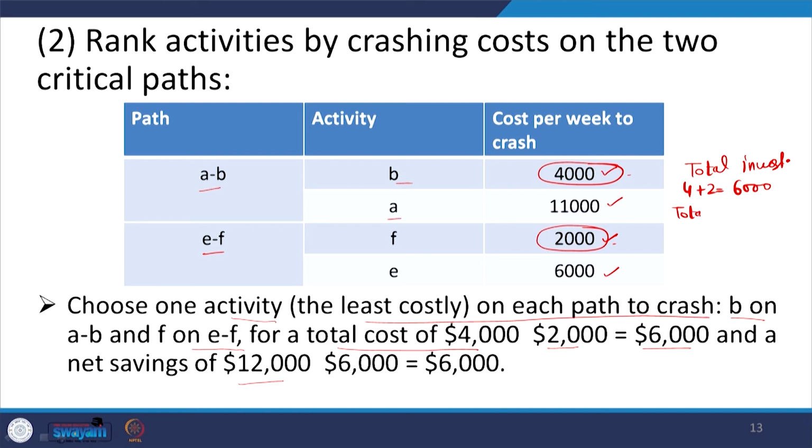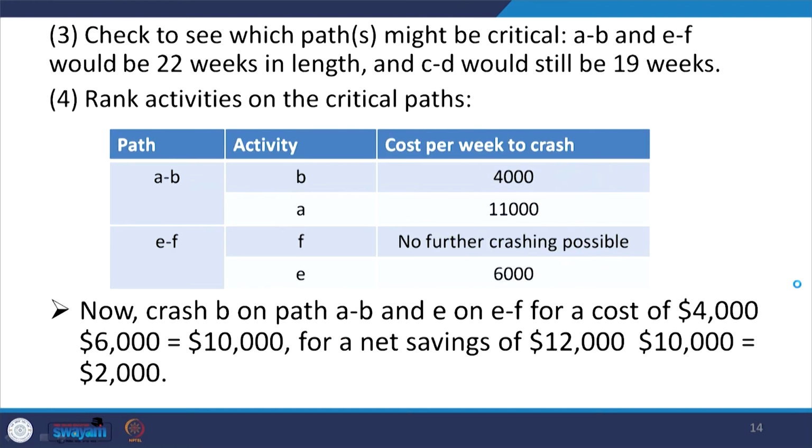Total saving, because you are saving your project duration by 1 week, so that is 12,000. So, net saving is 12,000 minus 6,000 equals 6,000. So, you are still saving 6,000 rupees. So, you will like to crash both these activities B and F by 1 week.